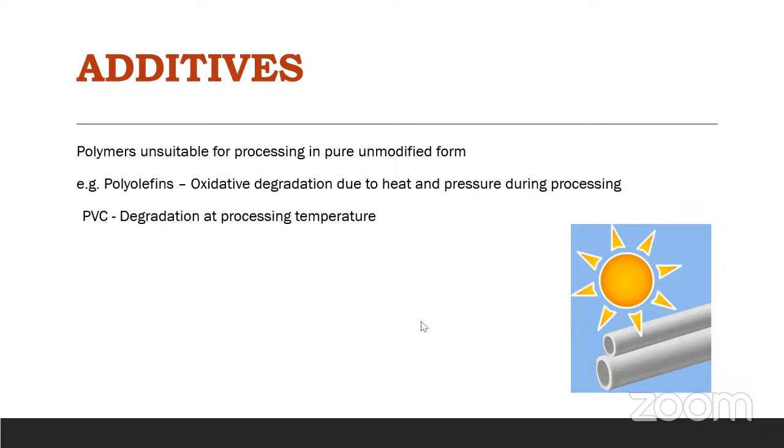For PVC to be converted into that pipe shape or application form, it needs to be processed without degrading. So to avoid the degradation, we generally add heat stabilizers as an additive to PVC.